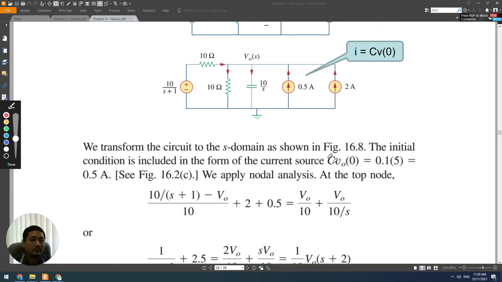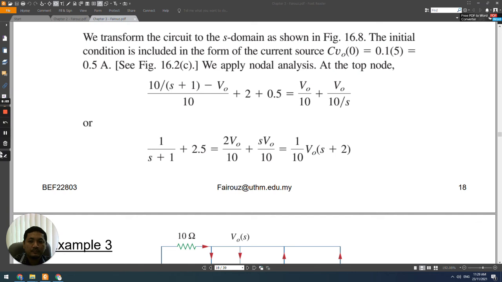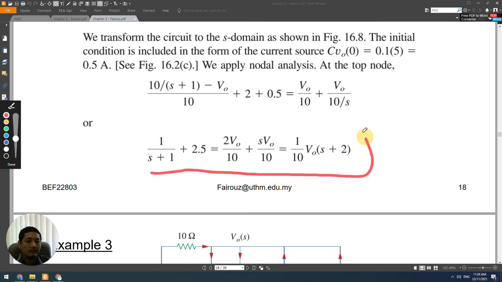So now we have this equation, and we can rearrange it to have this. Then we can simplify the equation by multiplying both sides with 10.